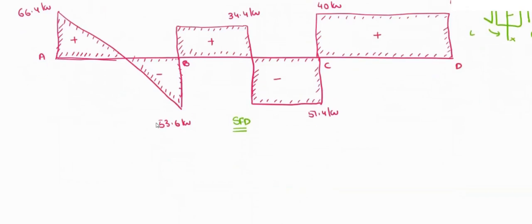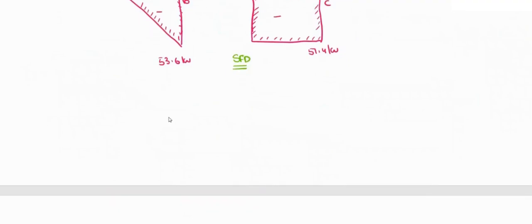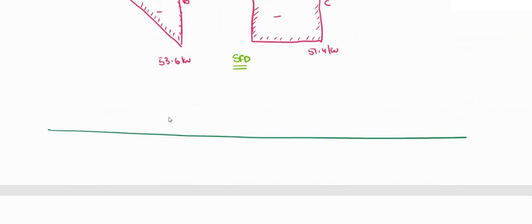So coming to this again, we will draw. So this is A, this is B, this is C, and this is D. For this simply supported beam, you are having the AB span with a UDL of 20 kilonewton per meter.